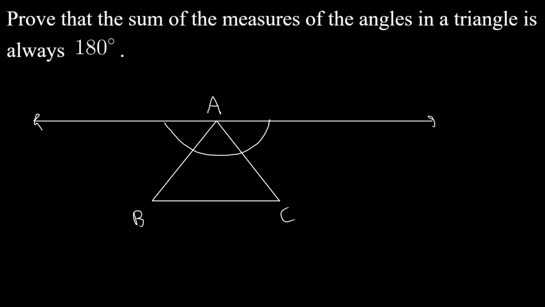So I'm basically going to be doing the same exact thing. Let's look at this angle here at B. This is alternate interior with the angle up here, so they must be equal to each other. I'm going to call two points over here D and E. It'll make the proof a little bit clearer, hopefully.